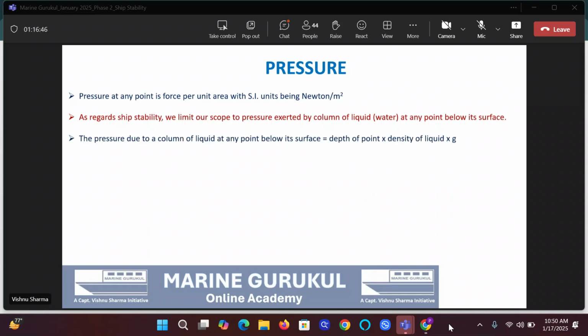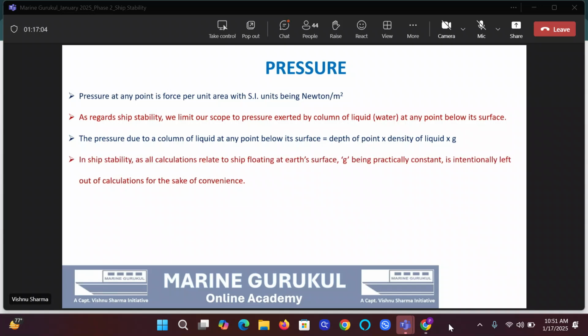The pressure due to a column of liquid at any point below its surface is the depth of the point multiplied by density multiplied by acceleration of gravity. This is the correct physics expression for pressure.